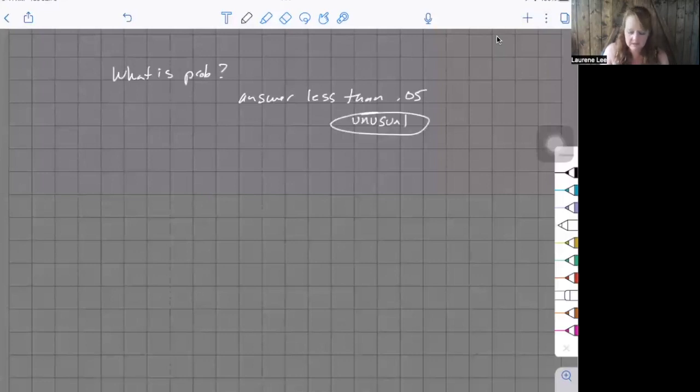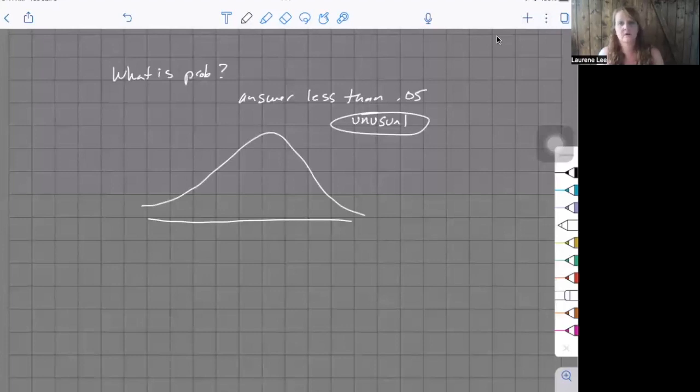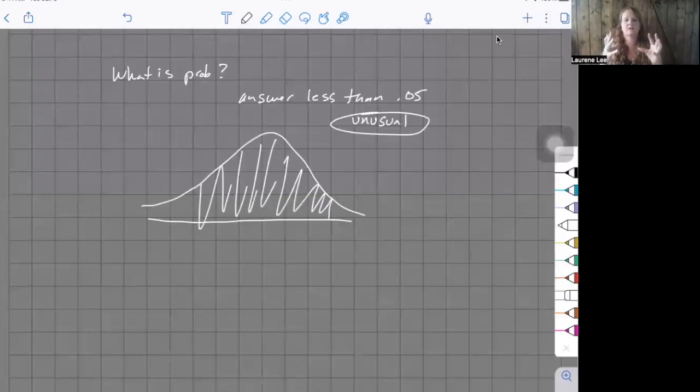And what that means is, if you look at your normal distribution, our typical answers, our usual answers are in this main part of the curve. So any region in that big part is what we would call a usual or a typical answer. But these tails are unusual results. So that's where you find the extremely tall people, the extremely short people, the people with the extremely high test outcomes or extremely low test outcomes, that sort of thing.